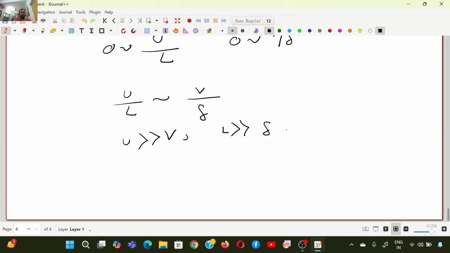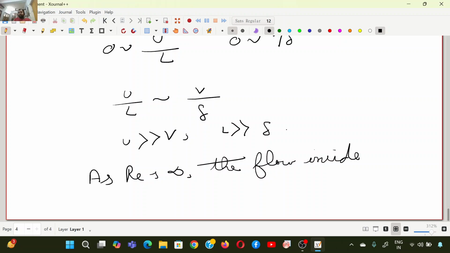So as Reynolds number tends to infinity, the flow inside the boundary layer approaches unidirectional flow.